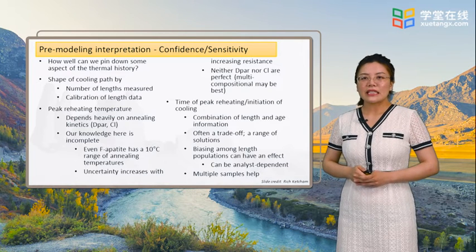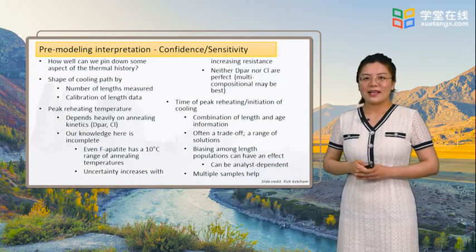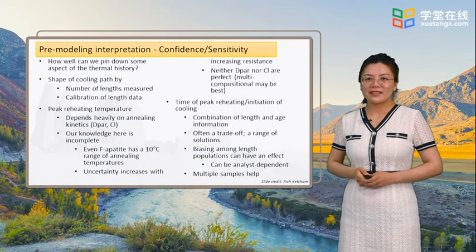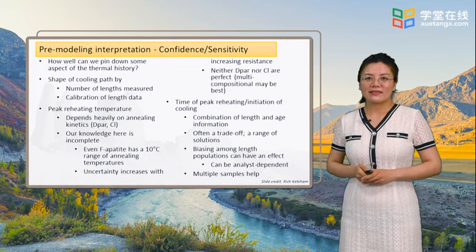Therefore, uncertainty increases with increasing resistance. Neither Dpar nor chlorine content is perfect, so multi-compositional may be the best.